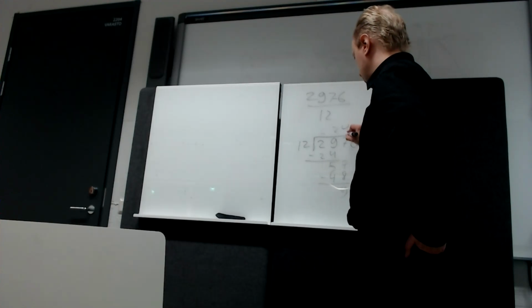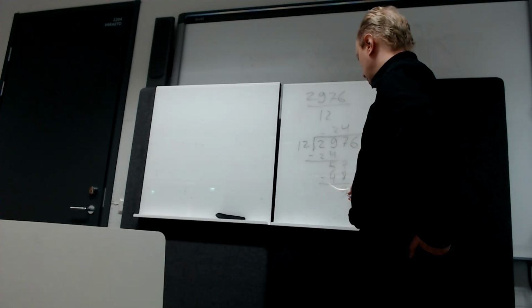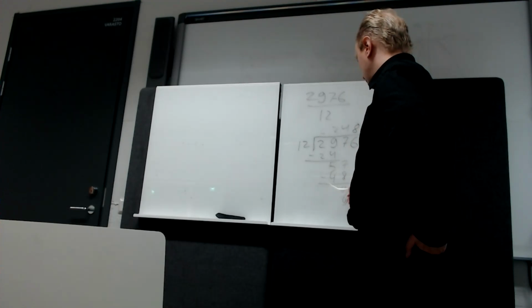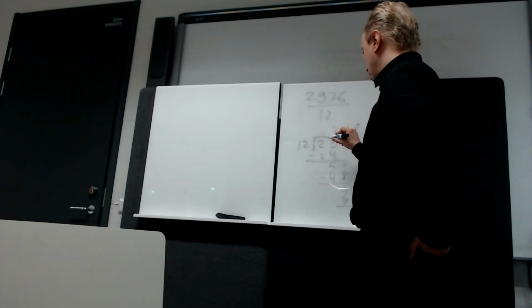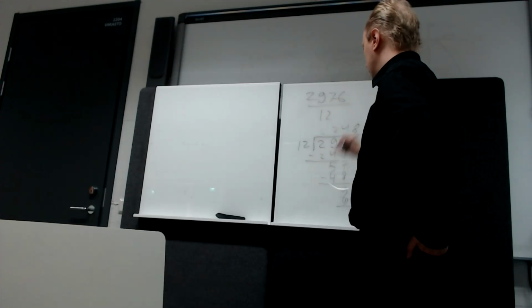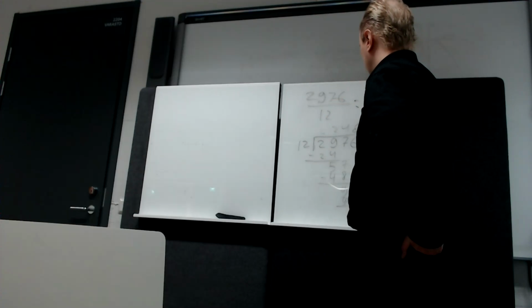And then it goes 8 times there. 8 times 12 is 96, and this was even. So now we didn't need to go to decimals. So we can tell that 2976 divided by 12 is 248.